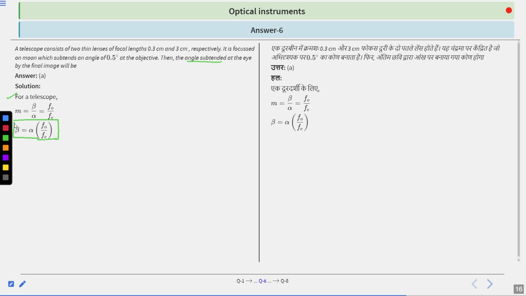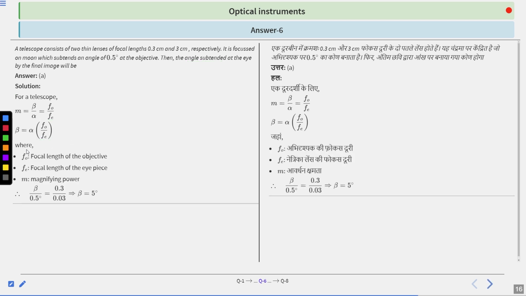This is the main concept to get the correct answer, where Fo is the focal length of the objective and Fe is the focal length of the eyepiece. M is the magnifying power. After putting in all the given terms, beta divided by 0.5 degree is equal to 0.3 divided by 0.03.